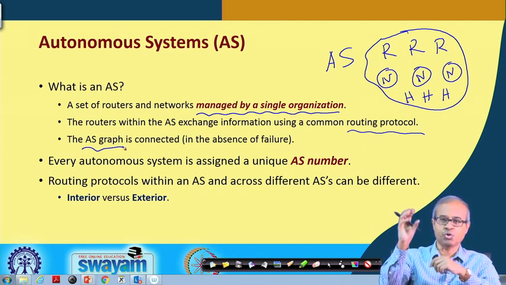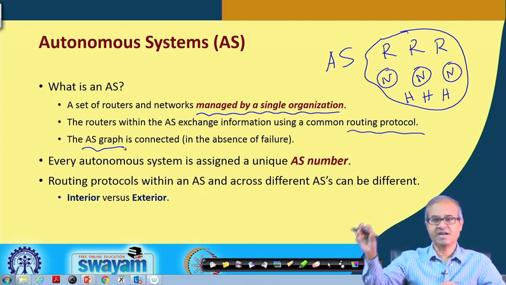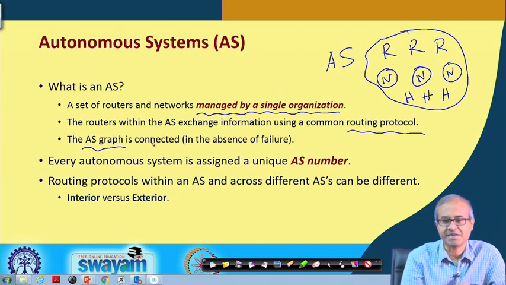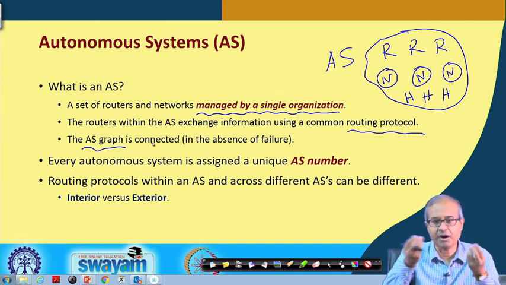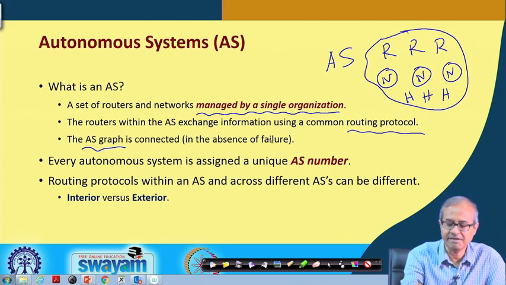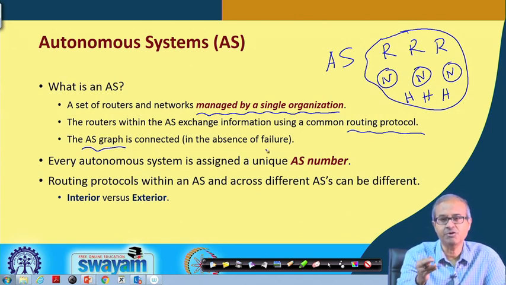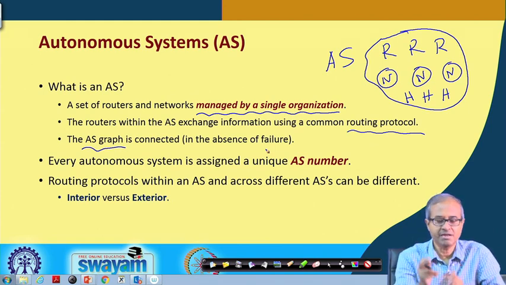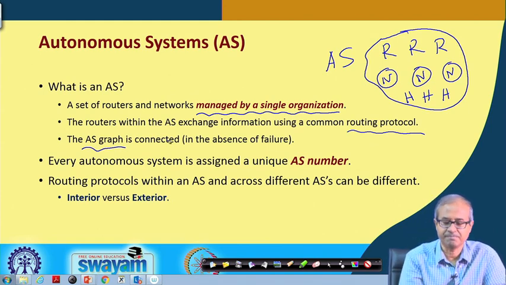The nodes are the hosts, routers and networks, edges are their interconnections. If the graph is connected, which of course it has to be, because if there is no path between two nodes, then you really cannot reach there. But if there is some link failure, then your graph might get disconnected. But normally the AS graph is connected.